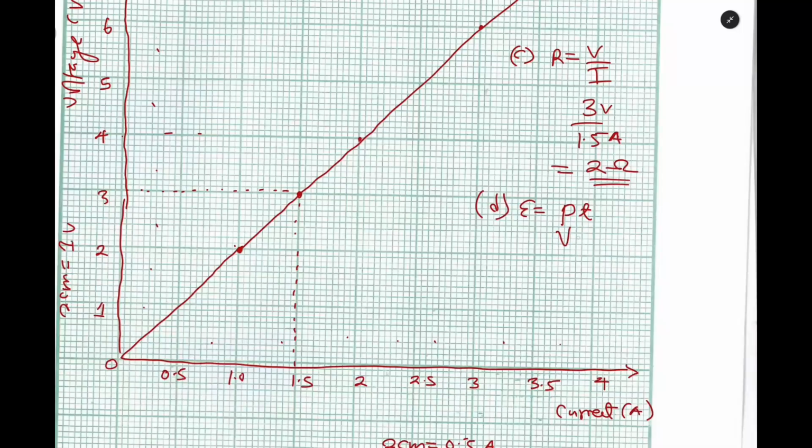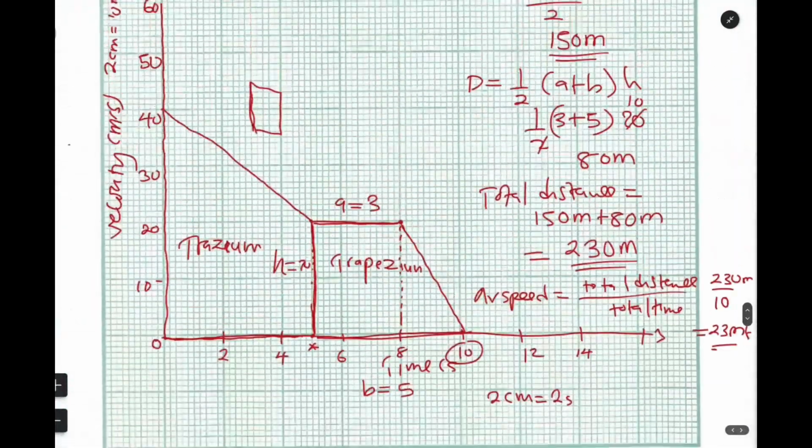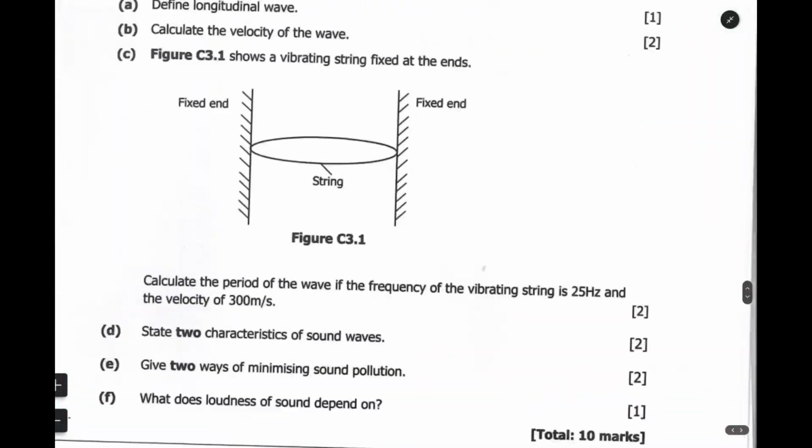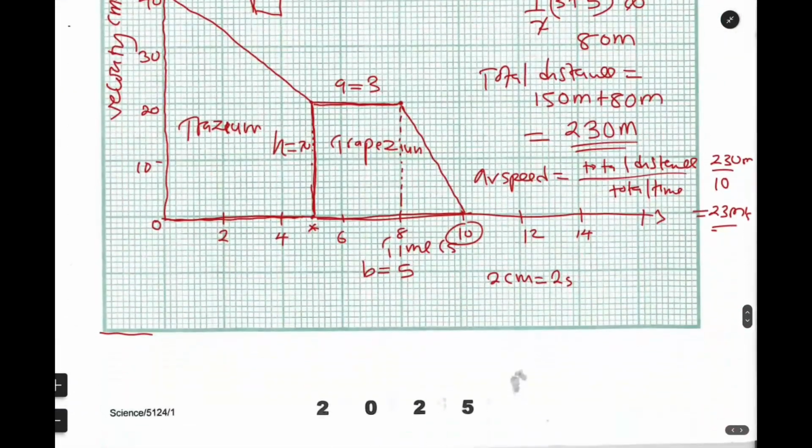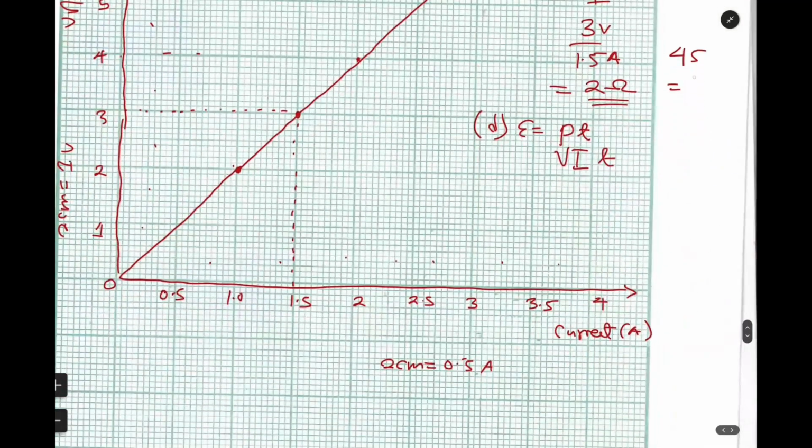Now power is voltage times current. We need to convert 45 minutes into seconds. How do you convert it? By simply multiplying 45 by 60. You're going to have 2,700 seconds.